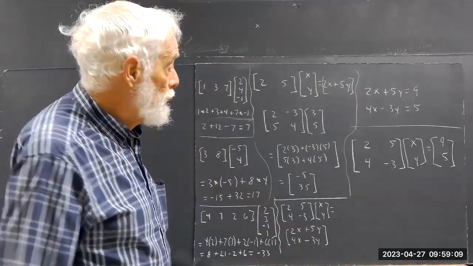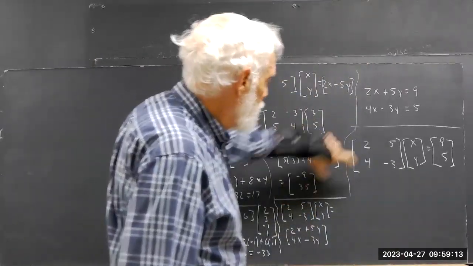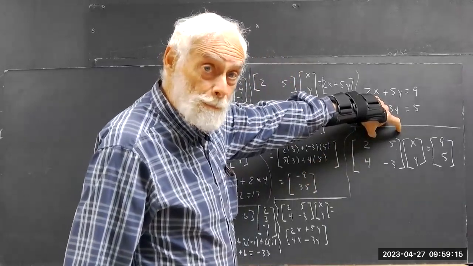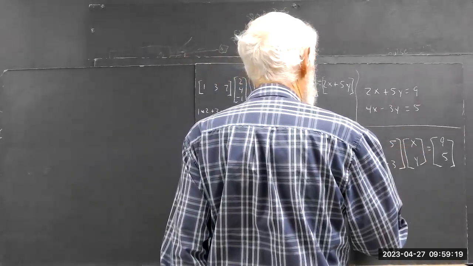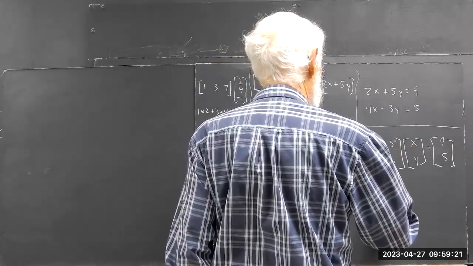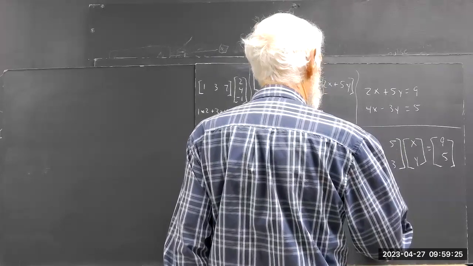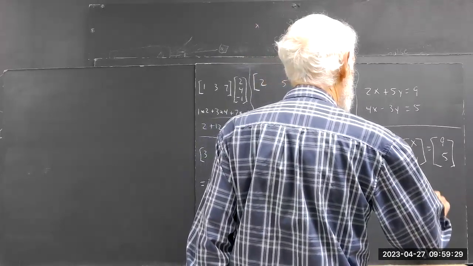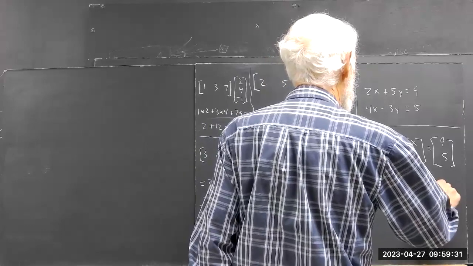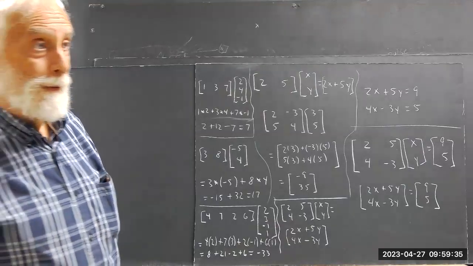Okay. So, look here. This multiplication is just what we have on the left side here. If I do the multiplication, I end up with 2x plus 5y, 4x minus 3y. That equals 9, 5, okay?